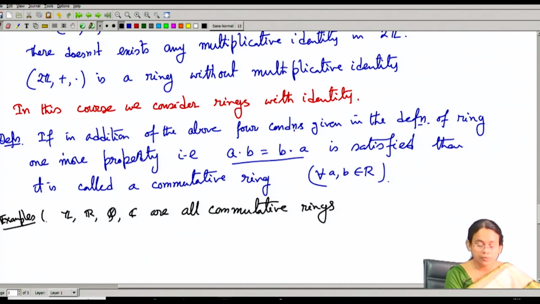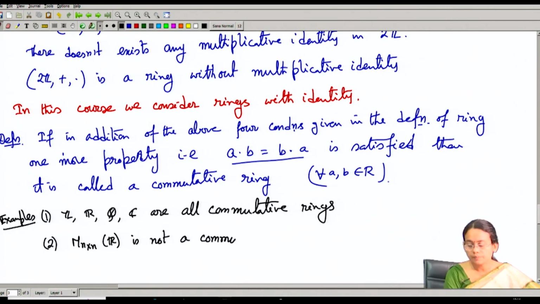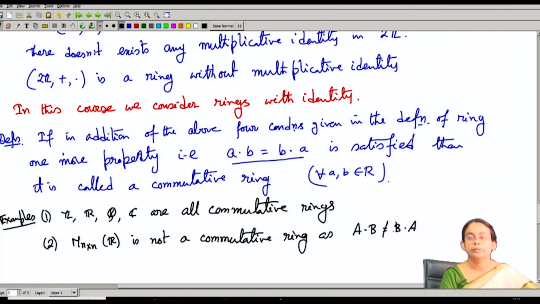Whereas, if I would like to give you an example of a non-commutative ring, then I have to go to matrices, because matrix multiplication is not commutative. A dot B is not the same as B dot A. So, here I can say that the set of all n cross n matrices is not a commutative ring, as multiplication of 2 matrices is not always equal.